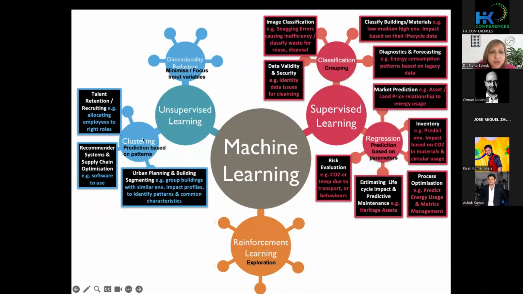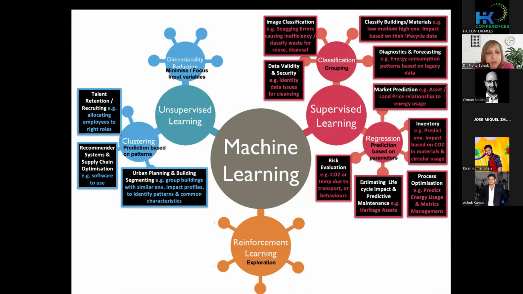Now, if we go on to unsupervised learning, it is all about feeding data which is unknown. So maybe unstructured data, we don't know the outputs of the data, it's just inputs, and we allow the AI to extract its own patterns and its own conclusions from the input data.